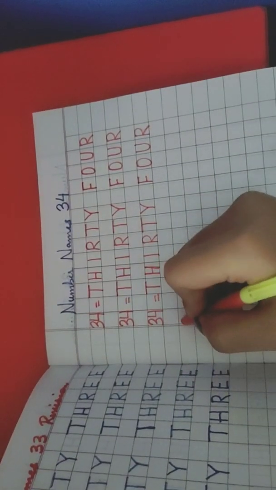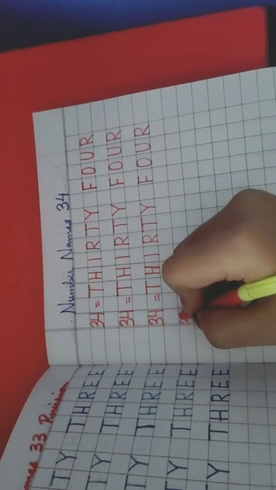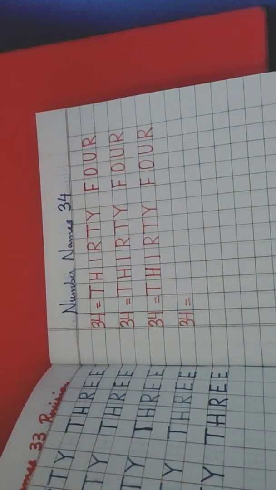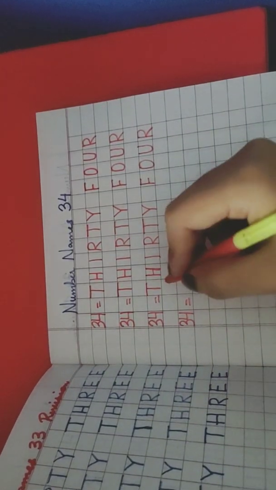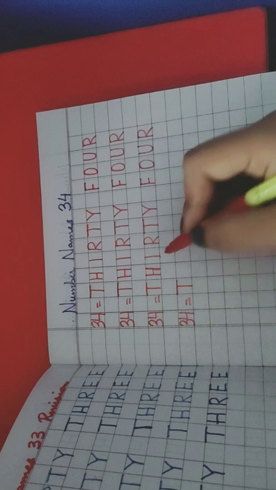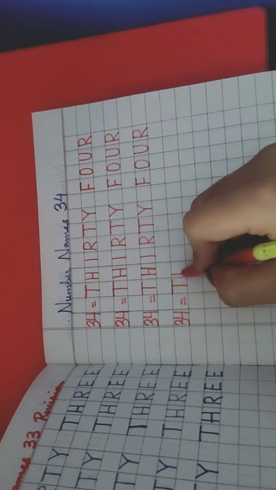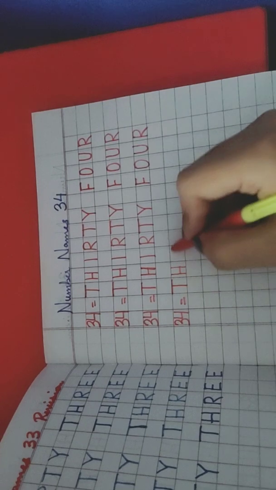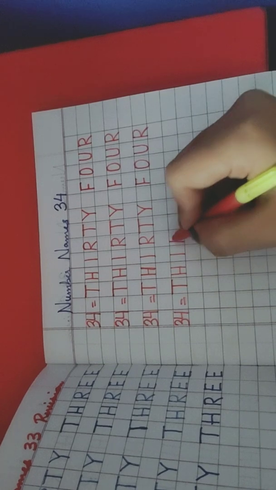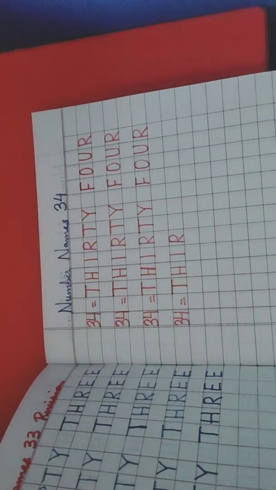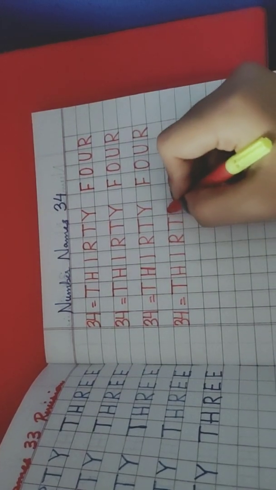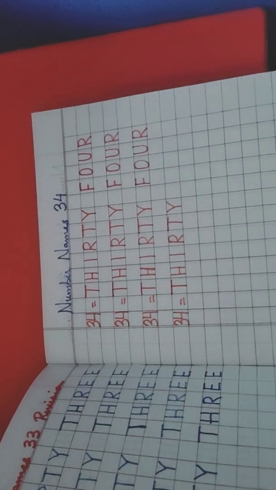34. Again repeat. 3, 4, 34. Spell out the spelling. Repeat with me, okay? T, H, I, R, T, Y. 30.